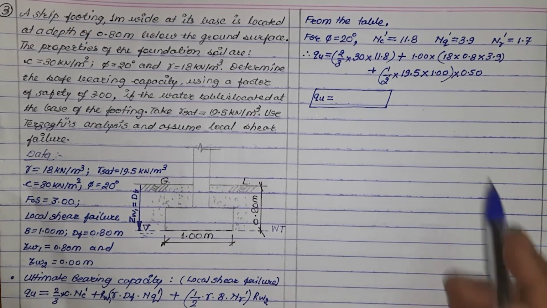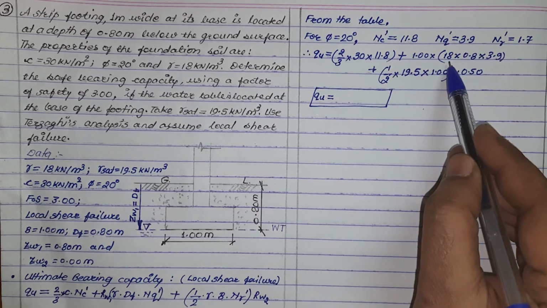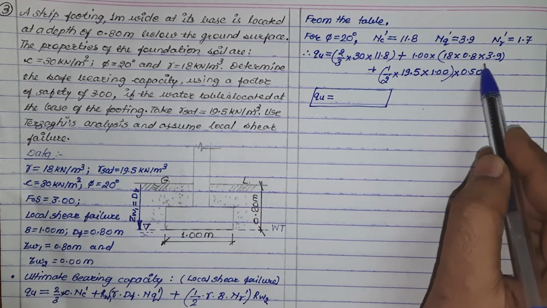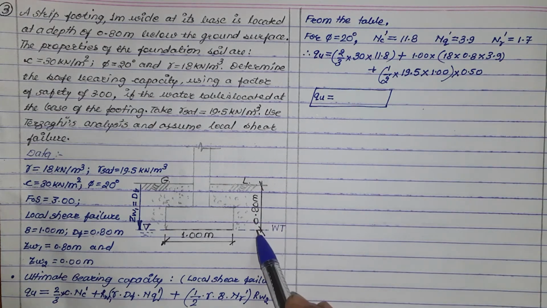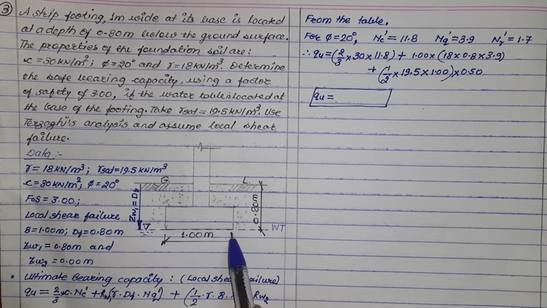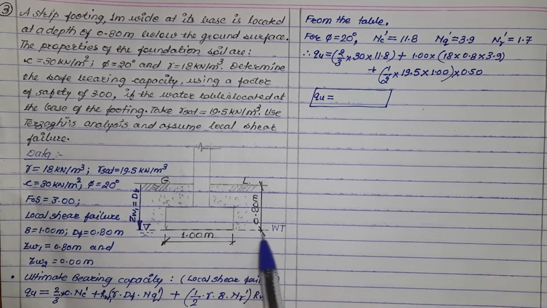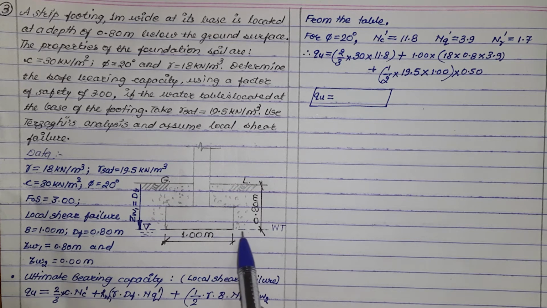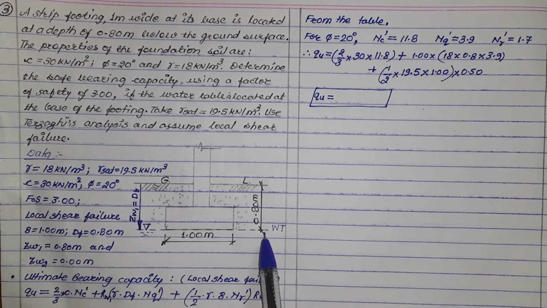Thereafter, this is gamma. Gamma is unit weight of the soil. Which unit weight? This particular term is related to soil which is lying above the base of the foundation. Above the base of the foundation, the soil is moist, and below the water table or base of the foundation, the soil is saturated. How is it possible? Because water table is located at the base of the footing.